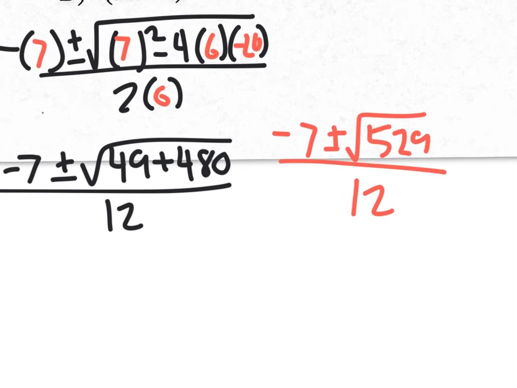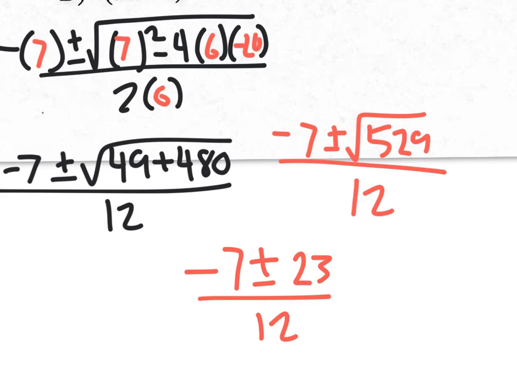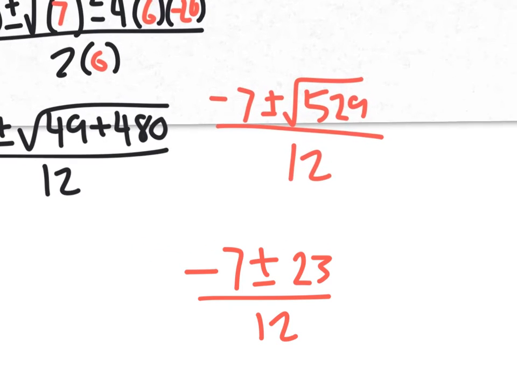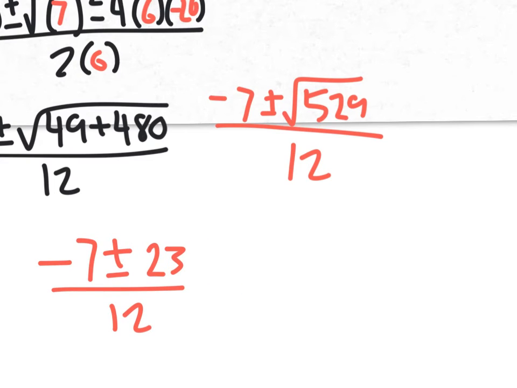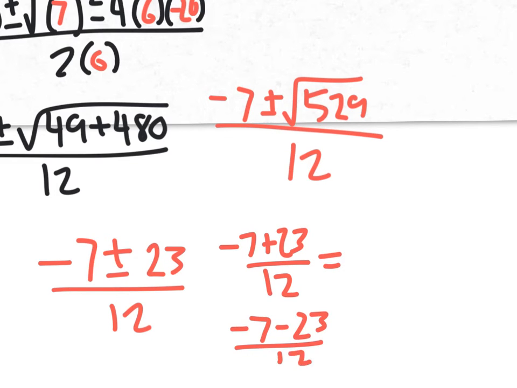Okay, so I'm going to have -7 plus or minus 23 over 12, which actually gives us two answers. It gives us -7 plus 23 over 12, and also -7 minus 23 over 12. So when you go -7 plus 23, you're going to get 16 over 12.